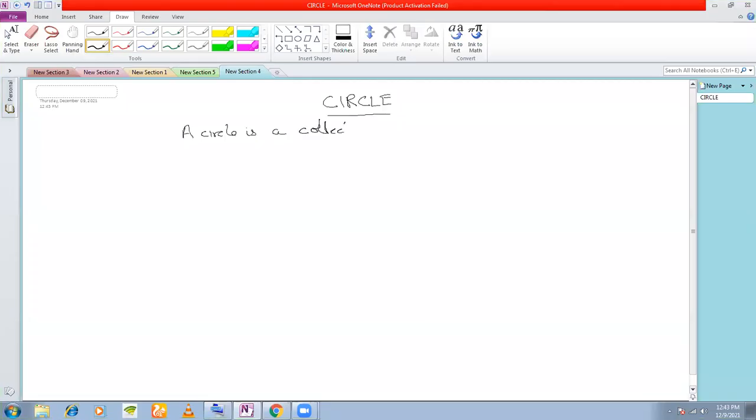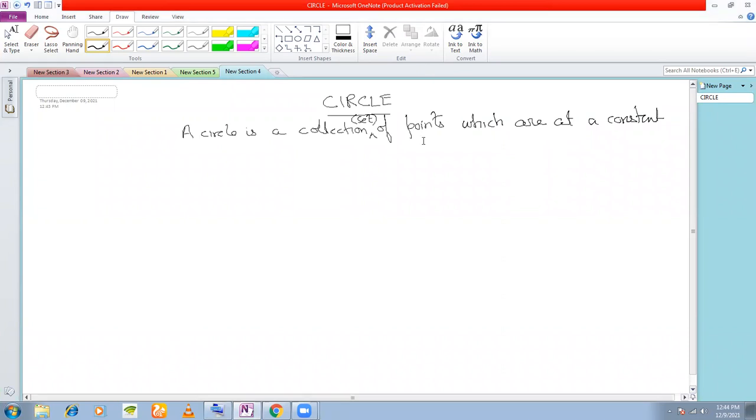A circle is a collection of points, let's say a set of points, which are at a constant distance called radius.